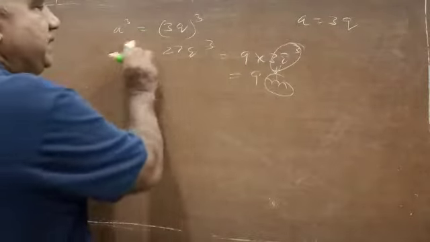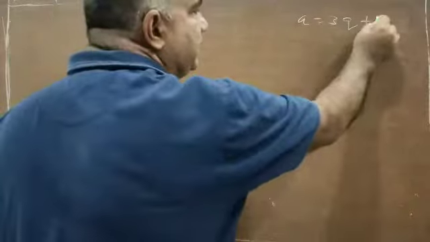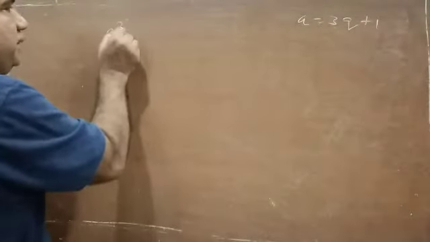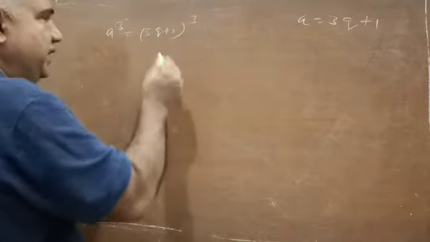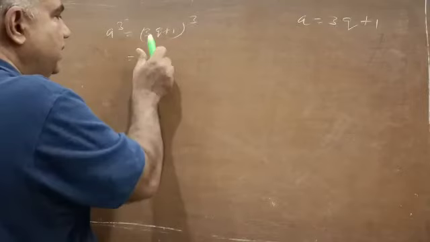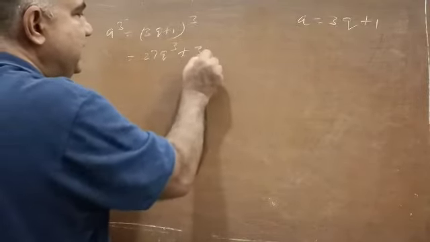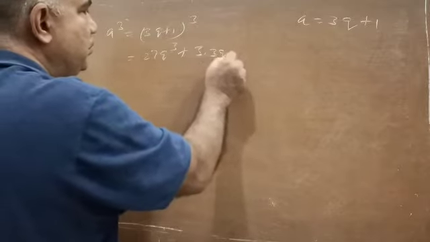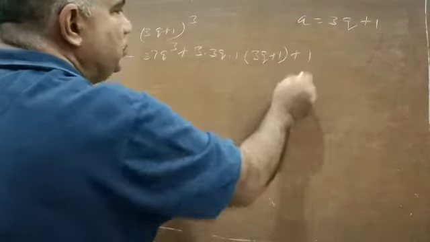Now second case, if I say when a is 3q plus 1, then a cube will be 3q plus 1 whole cube. So if you solve it, 27q cube plus 3 into 3q into 1 into 3q plus 1 and plus cube of 1.